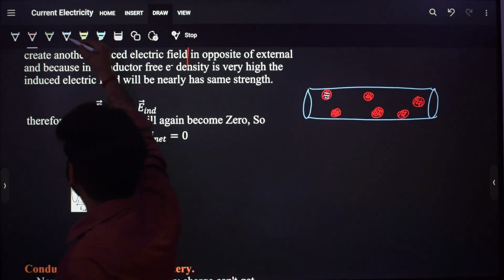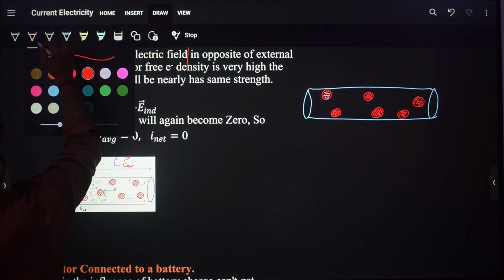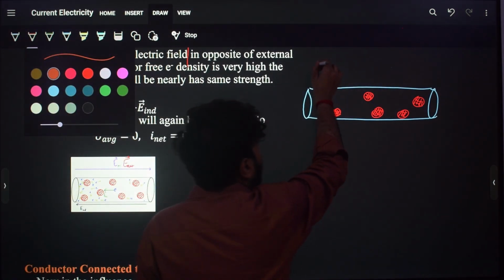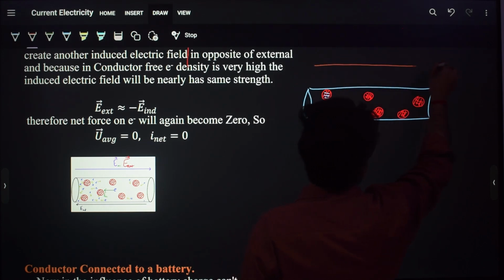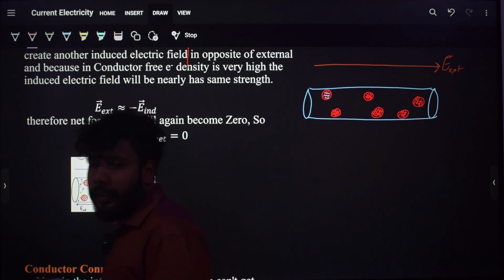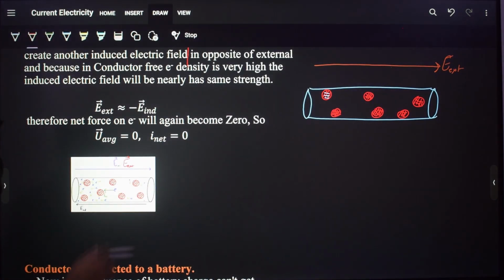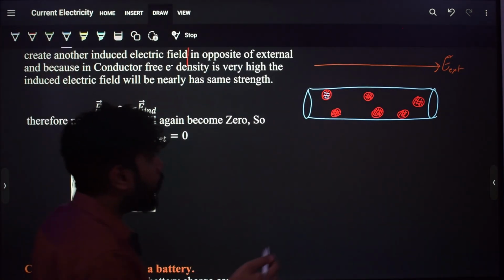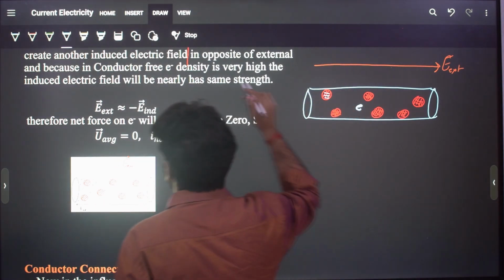So if you have this conductor and there is an external electric field, we might think that because of this electric field electrons are going to experience some force, which is not wrong. They will experience some force.